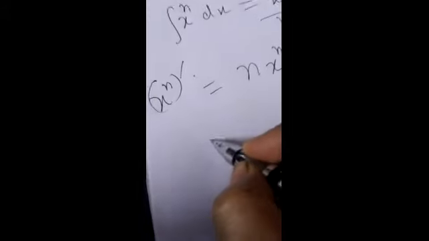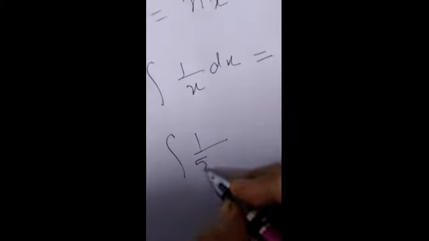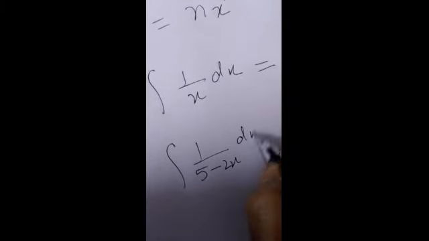The next rule is, if you are having integration of 1 upon x dx, the integration of 1 upon x dx will be log mod x. You will always write this in log mod x. Suppose you have the question integration 1 upon 5 minus 2x dx. So what will be the result?